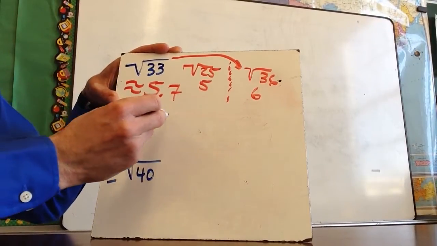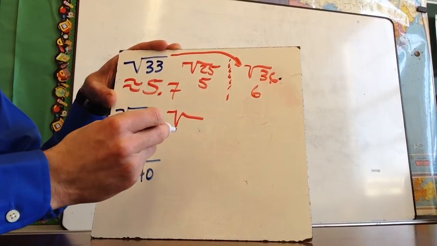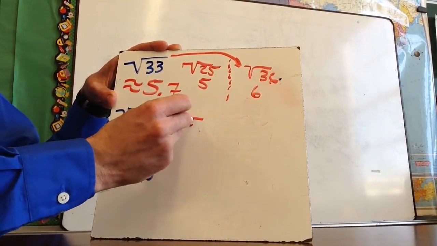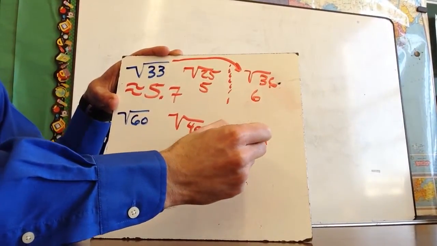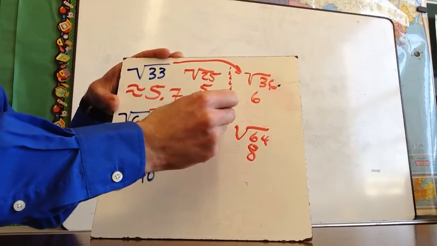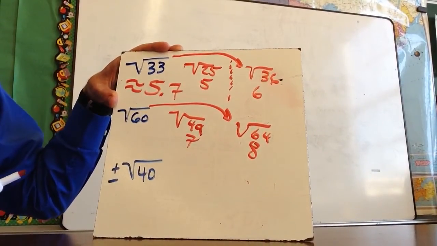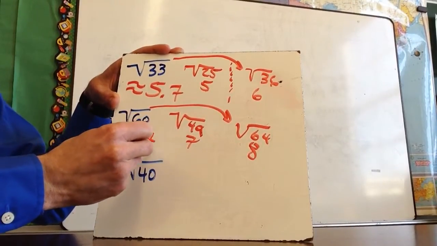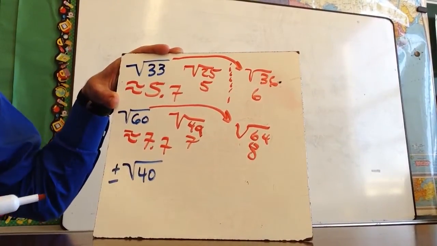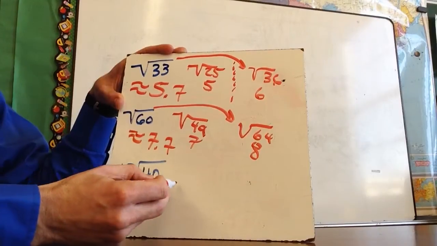And then this 60: the square root of 49 is 7, and the square root of 64 is 8. This is obviously much closer to the 64 than it is to the 49. So it's going to be 7 point something, like 7.7, 7.8, something like that.